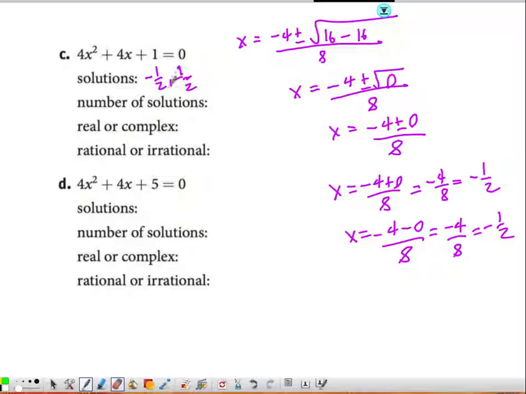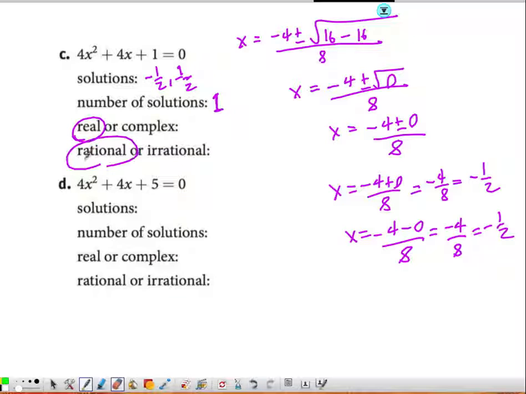Number of solutions. Well, technically I have 2 solutions, but they're the same, so we just say one solution. Are these real or complex? Well, did I have the square root of a negative number? No. So they're real. Rational or irrational? Well, do I have whole numbers and just whole numbers and fractions?